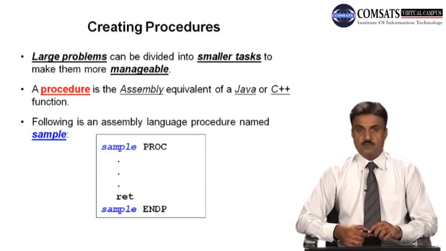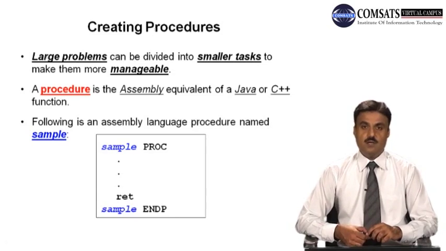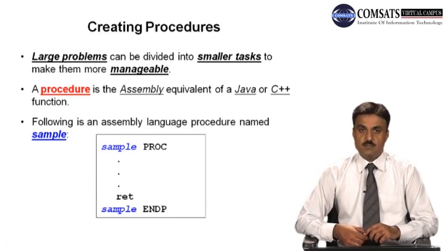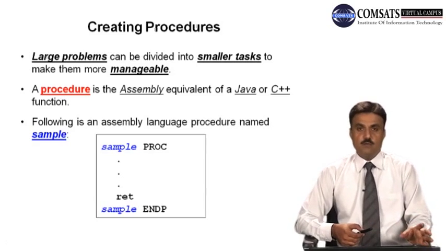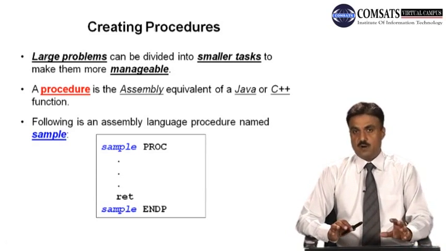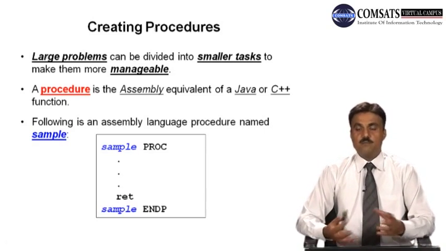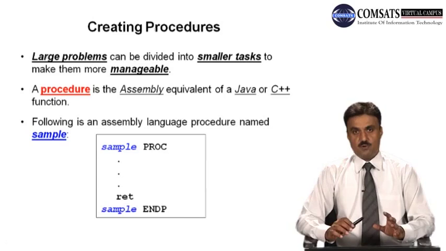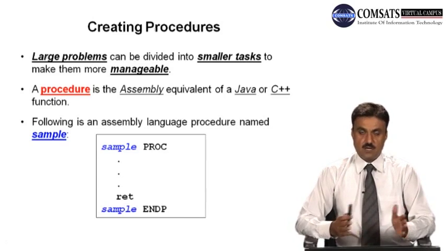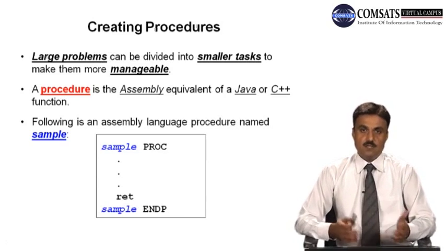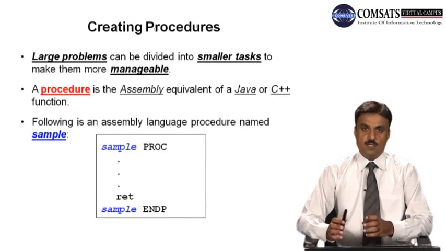For example, in a classroom there are 20 or 25 students, and we assign them some tasks. This part of the project will be performed by this group, and that part by that group, and so on. So a complete project, we divide into different sections or parts and assign each group or each person a task.